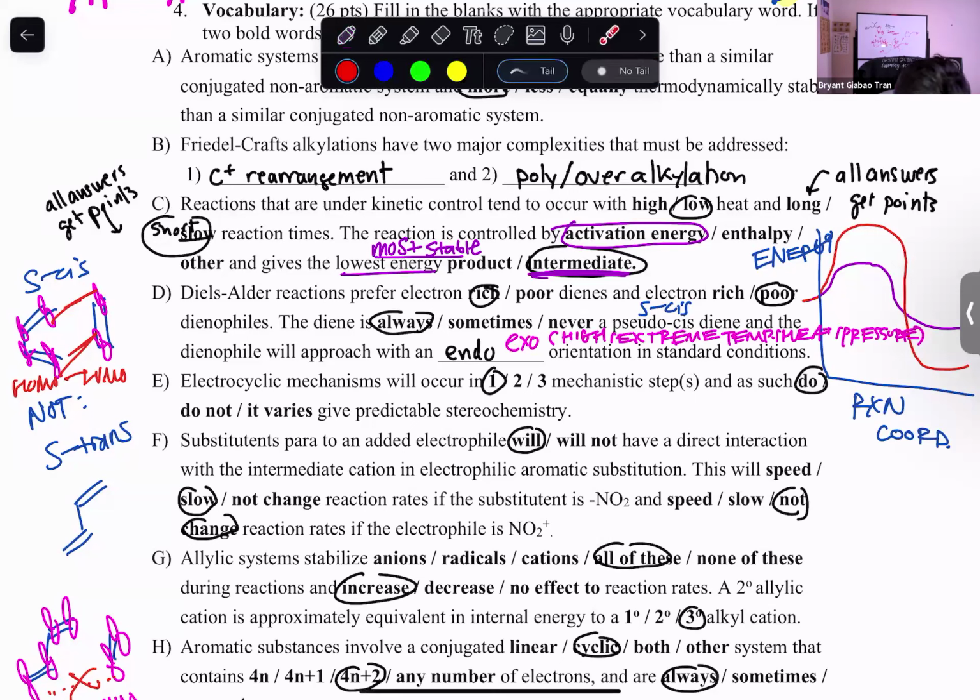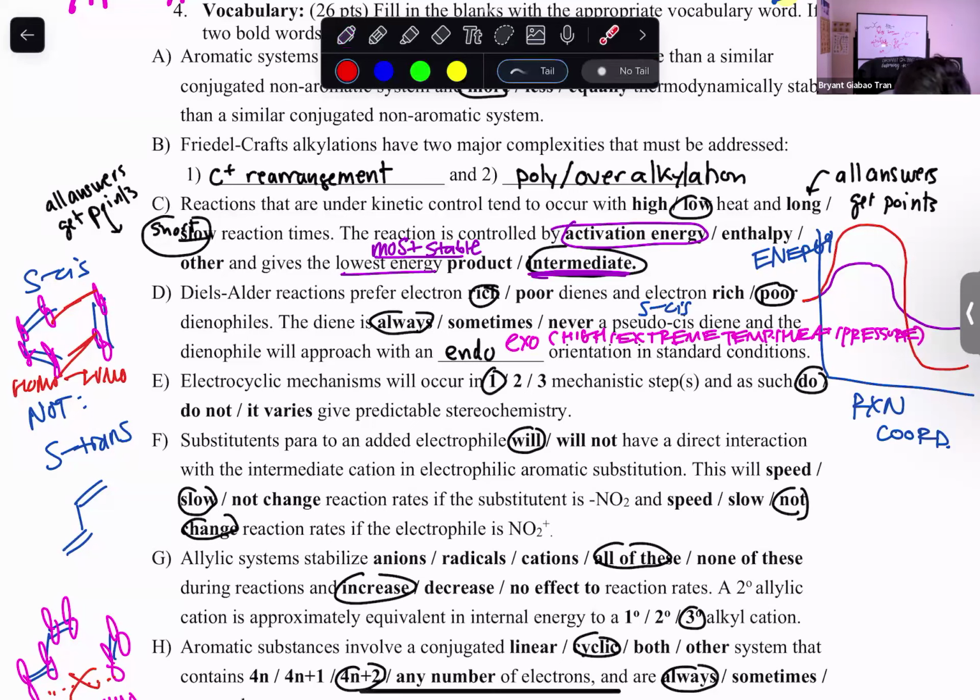So it wouldn't change if the electrophile is different, because the substituent will slow down the reaction regardless. The substituent will slow down the reaction if it is an EWG, a deactivator. If the substituent was an EDG, an activator, the reaction rate will increase.